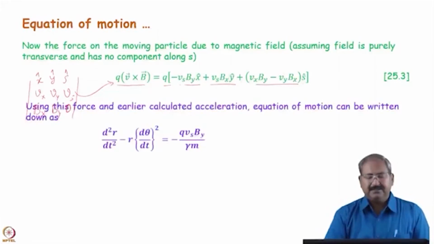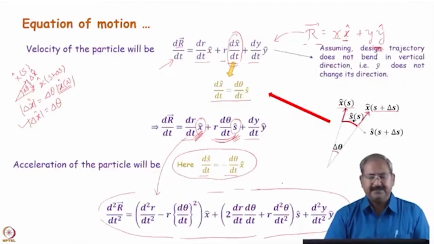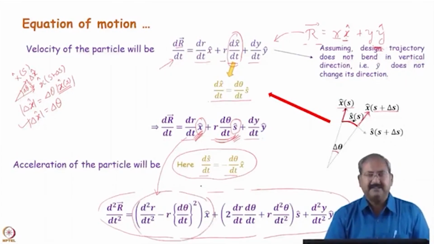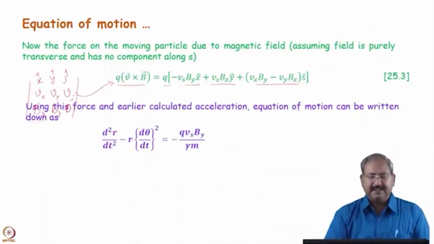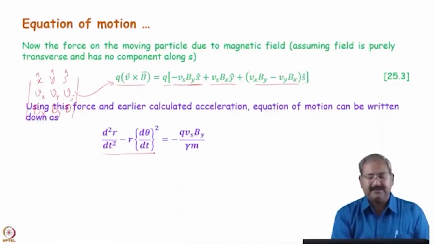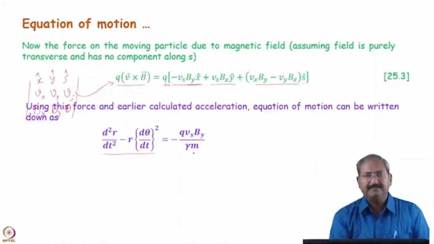Now using this force, the equation of motion along x: the acceleration along x is d2r by dt square minus r (d theta by dt) square. So the equation of motion will be d2r by dt square minus r (d theta by dt) square equal to q Vs By upon gamma m.